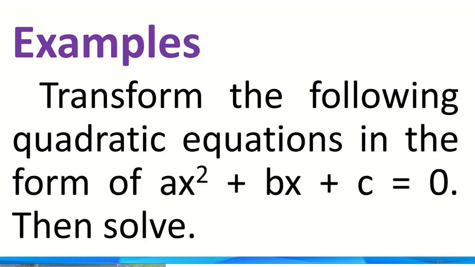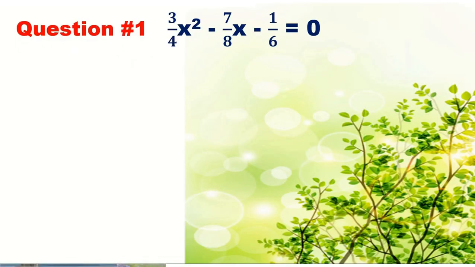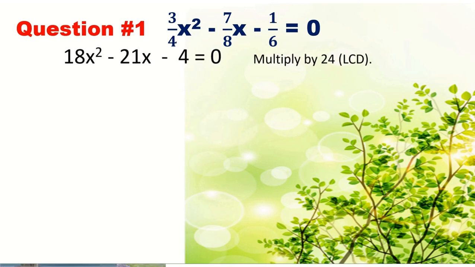Let's have some examples. Transform the following quadratic equations in the form of ax squared plus bx plus c equals 0, then solve. Question number 1, 3/4 x squared minus 7/8 x minus 1/6 equals 0. To answer the given question, the first thing you will do is to get the LCD.